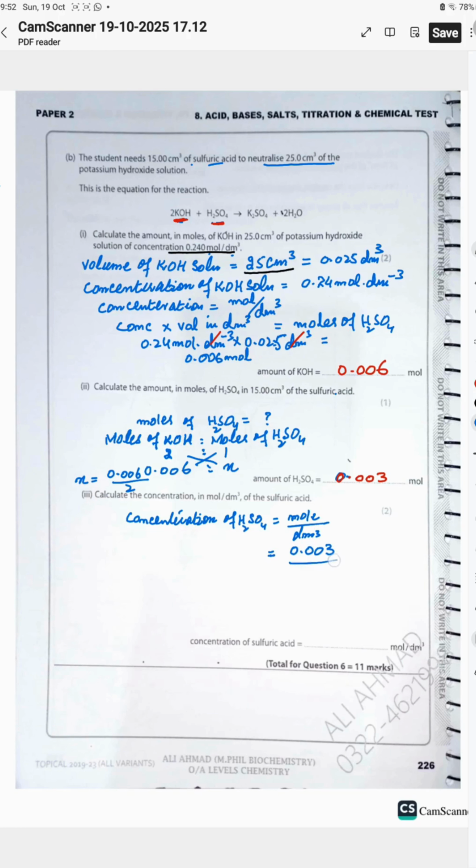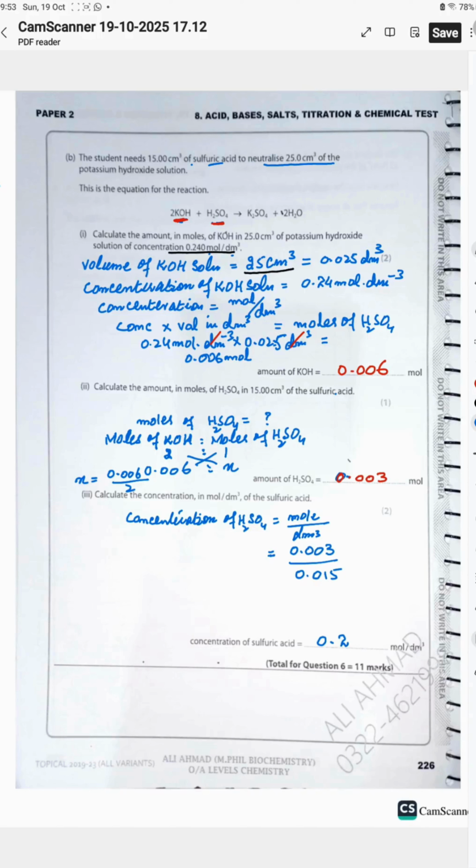You have calculated that already, and the volume of the sulfuric acid is given to you as 15 centimeter cube. 15 centimeter cube means 0.015 dm cube. Clear? Then its answer comes to be 0.2 mole per decimeter cube.